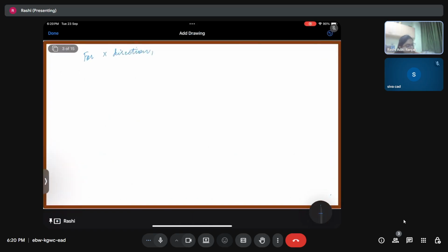Then we have k1x plus k2x plus c1x dot plus c2x dot.